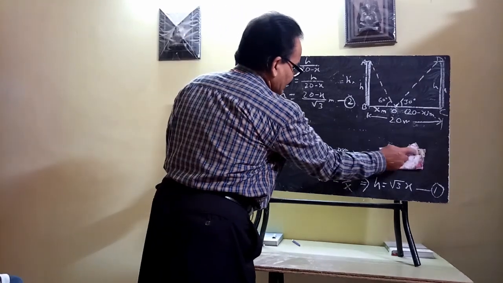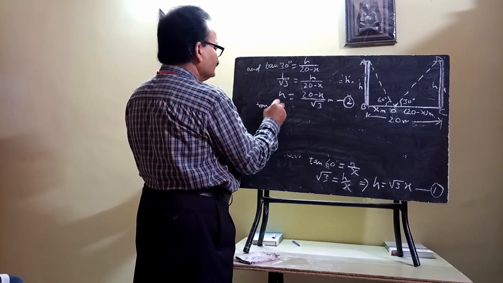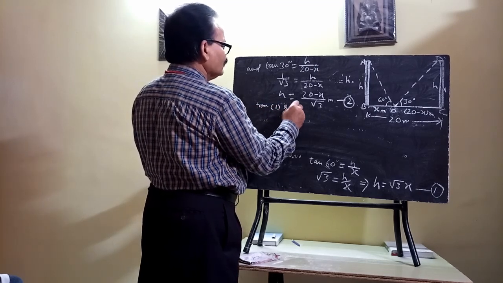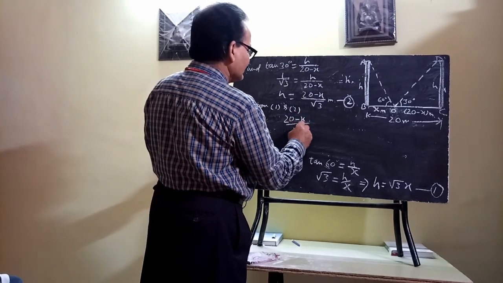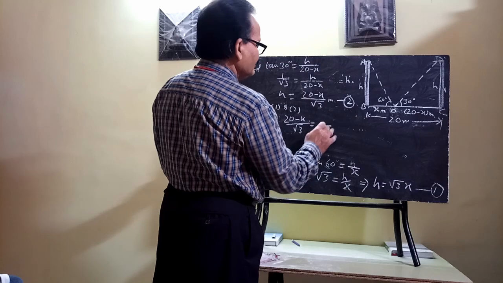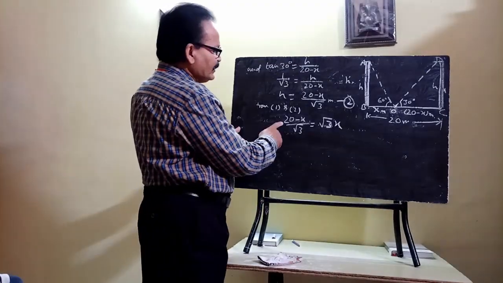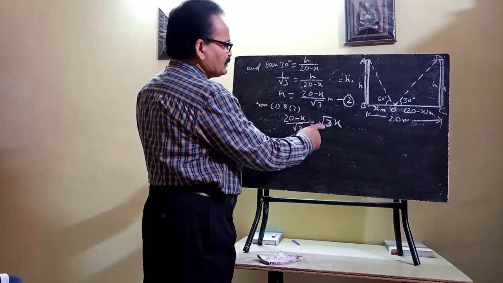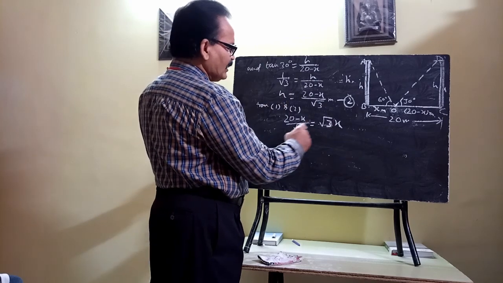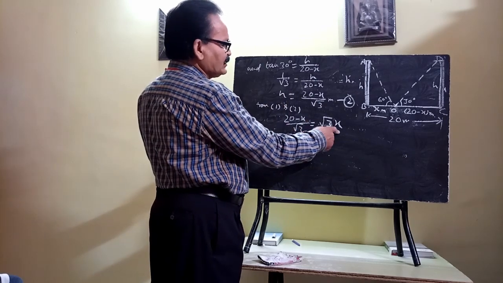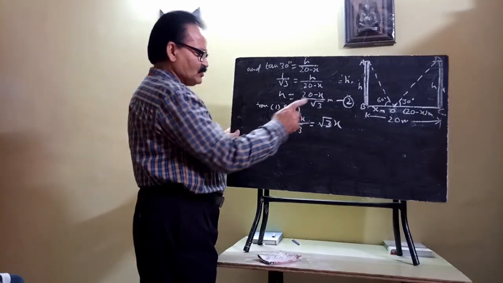According to the question, from 1 and 2, you have 20 minus X by root 3 must be equal to root 3x, because from equation 1, root 3x is the value of H, and from equation 2, 20 minus X by root 3, so both will be equal.